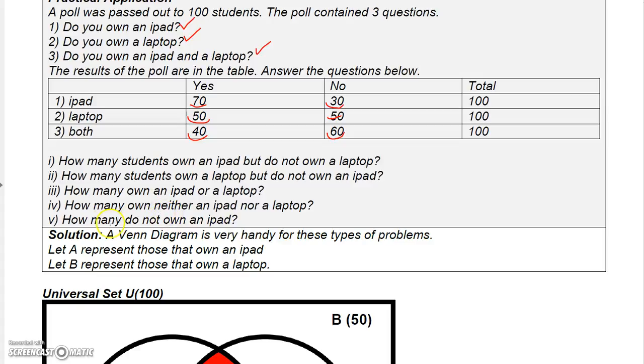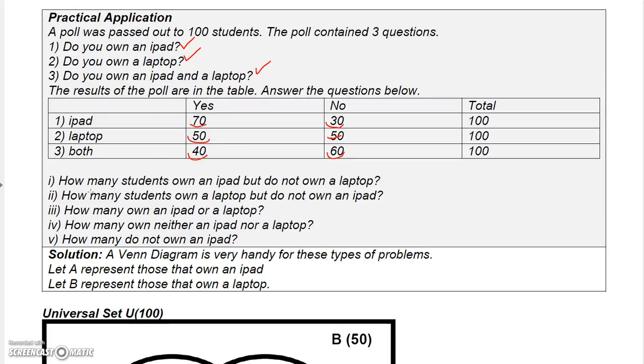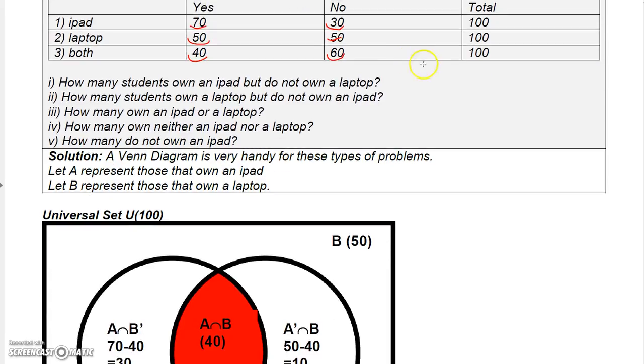This is where Venn diagrams can be very helpful.